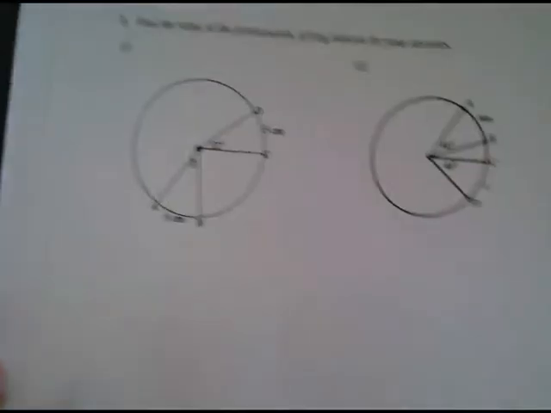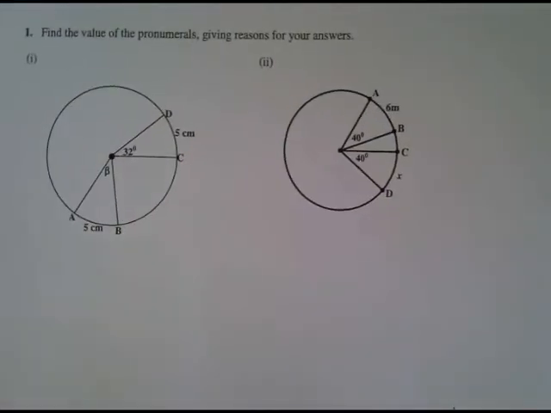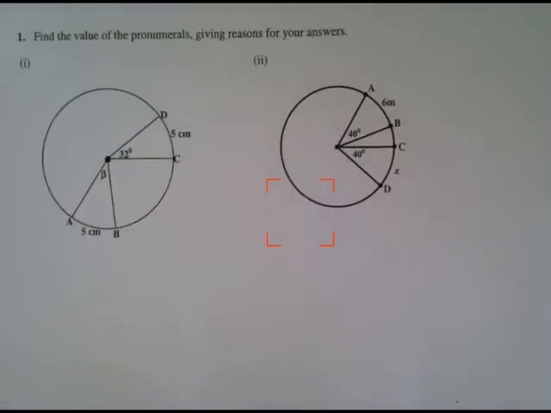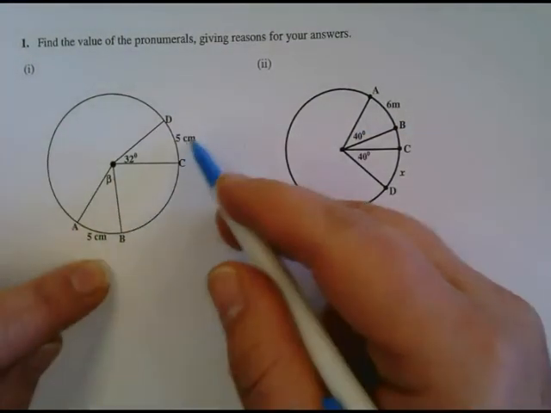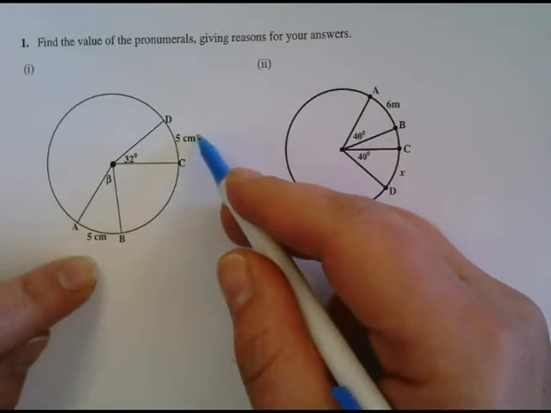Okay, back to the student booklet. Here we go. So these are very easy. We start off with fairly easy ones, but you just have to practice whether you're using the theorem or the converse theorem. Find the value of the pronumerals giving reasons. So what's equal here? The arcs are equal.